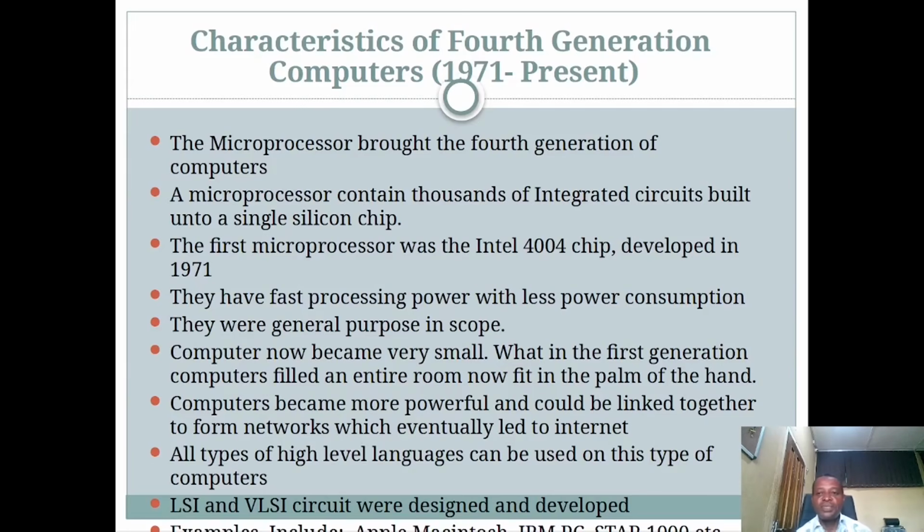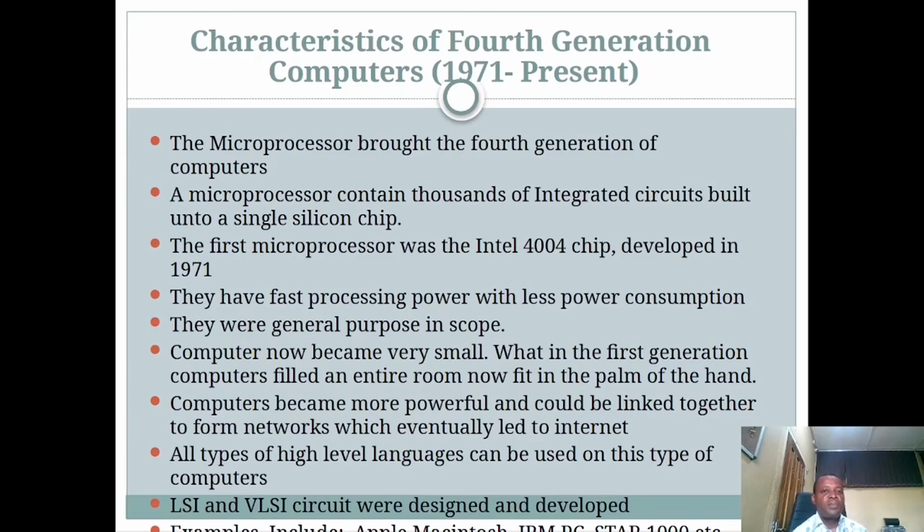This computer system, because of the presence of microprocessor, has fast processing power with less power consumption, that is energy consumption.